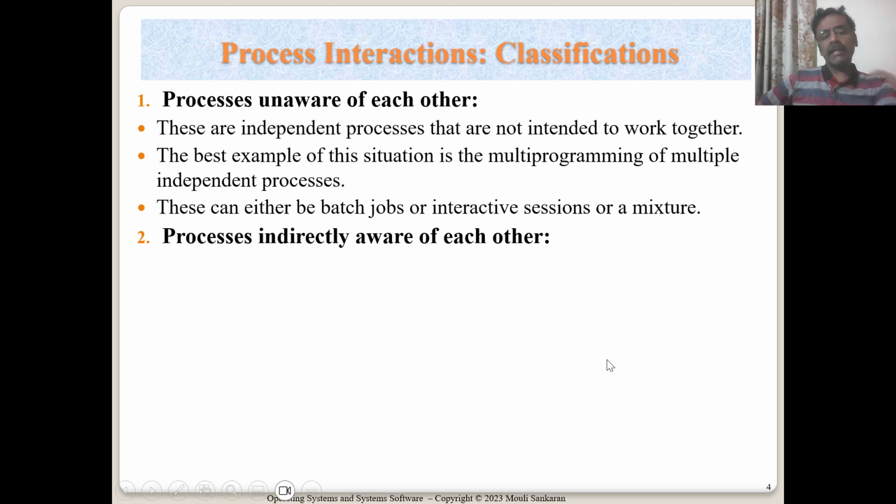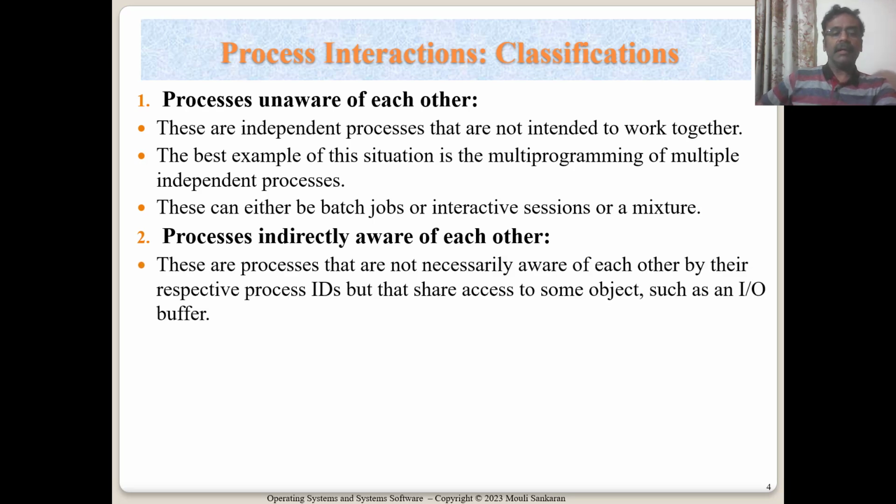Now, processes indirectly aware of each other. So totally unaware is one thing, indirectly aware of each other is another. One good example could be that the Arduino IDE is running and you have multiple boards connected to USB interfaces. There's one single process, but they are accessing an IO which is shared by multiple processes. They know that there are many processes in the system.